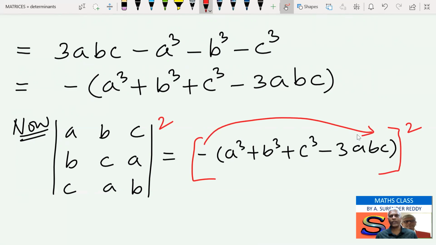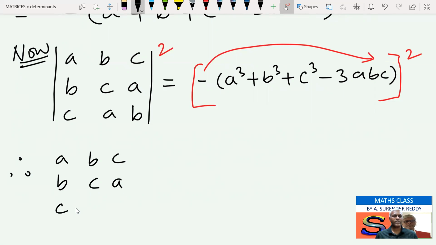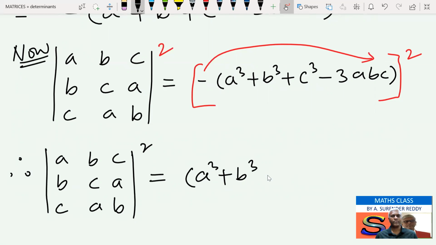Minus square will become plus. So therefore the determinant ABC, BCA, CAB squared is equal to A cube plus B cube plus C cube minus 3ABC, whole square.